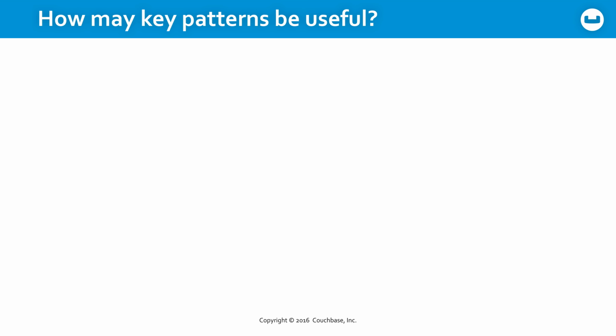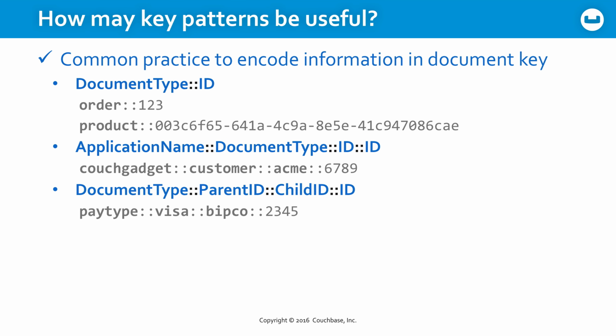You'll also run across in the world of Couchbase key patterns that are commonly used to encode metadata as part of the document ID. So you'll see patterns like document type followed by ID. Here we see a prefix of order followed by what appears to be a sequential number, or a document type of product followed by a UUID.